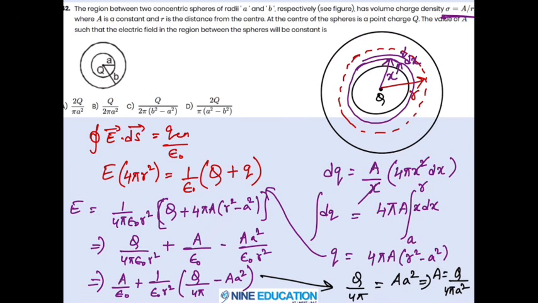So integration of x ds is x square by 2. That by 2 component we have not taken.